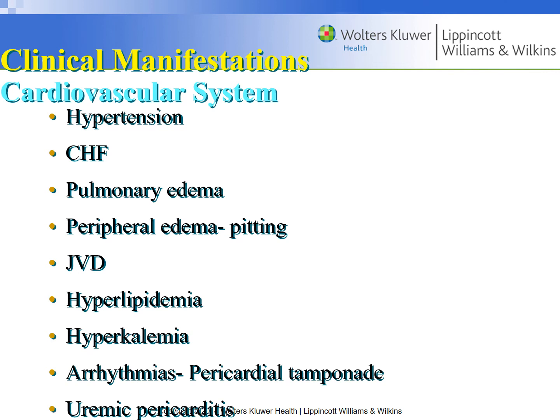We're going to have that jugular vein distension, JVD. The other thing, I'll talk about that here in a minute. Hyperlipidemia can occur because of issues with our carbohydrates not being able to be synthesized. So we'll see an elevation in our fats, triglyceride, cholesterol, that kind of thing. Hyperkalemia we talked about. Arrhythmias can occur as well.